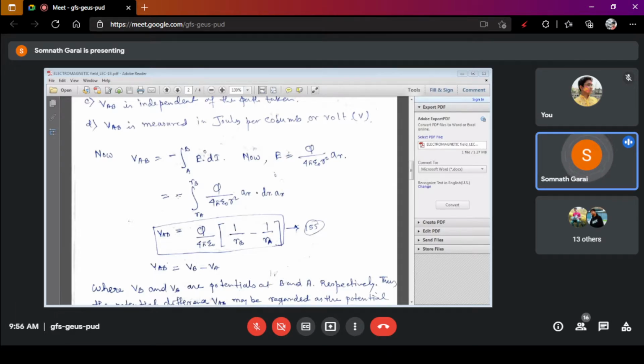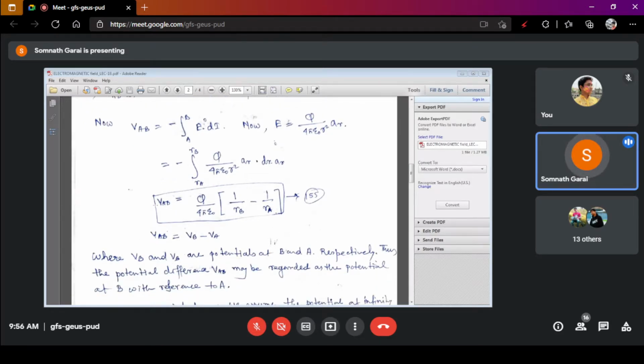So after integration it will be 1 by small r, whose upper limit is rB and lower limit is rA. If we put the upper limit and lower limit in this integration, VAB equals Q by 4 pi epsilon naught times 1 by rB minus 1 by rA. Okay, that represents equation number 155.